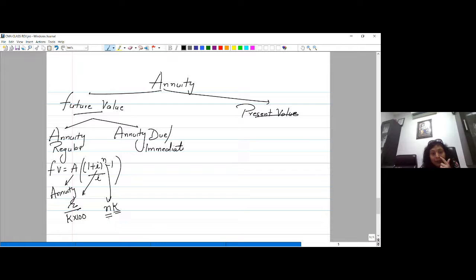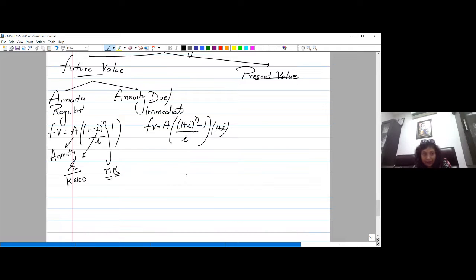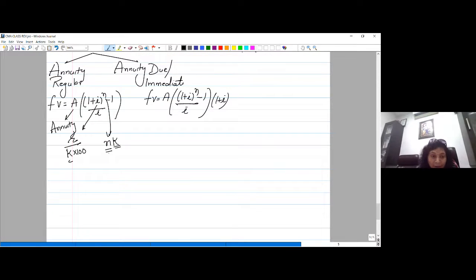And if the scenario is future value of annuity due or immediate, first we find the future value of annuity regular, then multiply the value with 1 plus I, because for every annuity installment you get one extra period of interest. For example, you are depositing rupees 2,000 monthly in a bank RD starting from April. The first installment is paid on 30th April, and this is a 1 year RD.